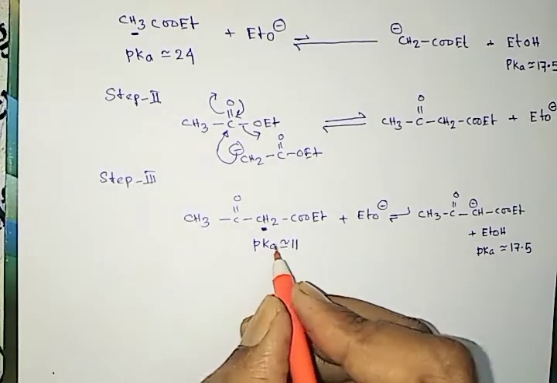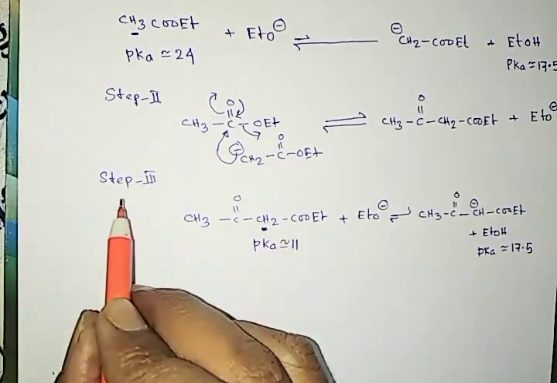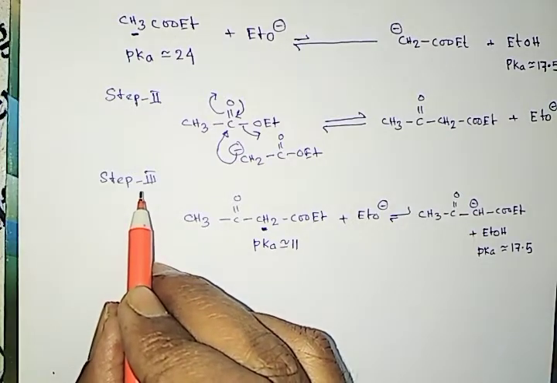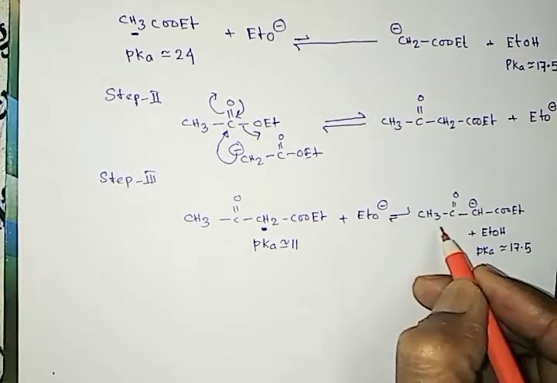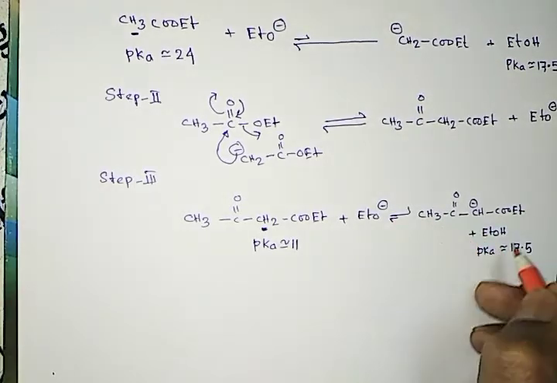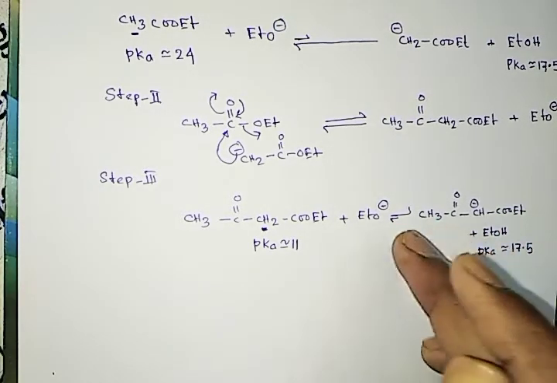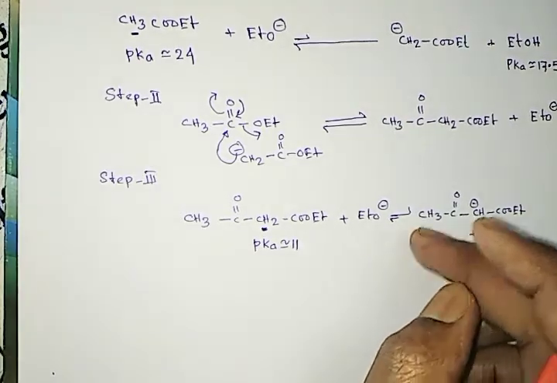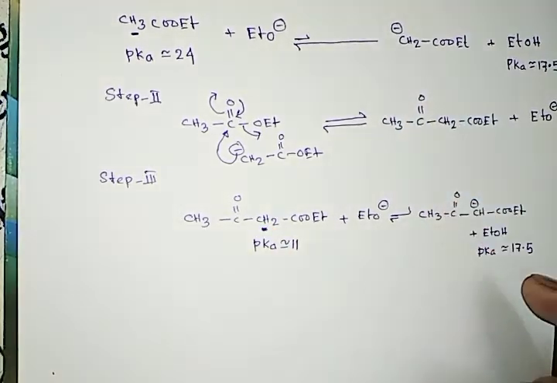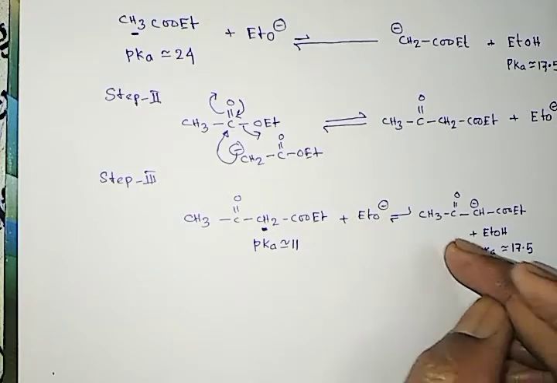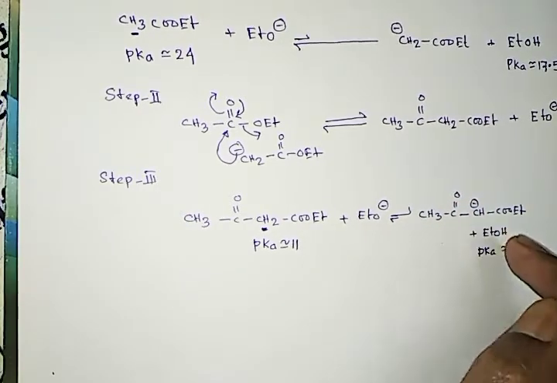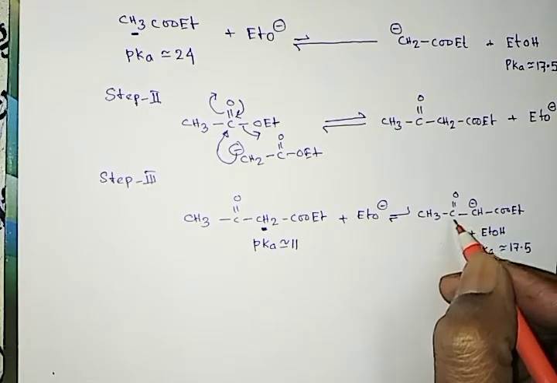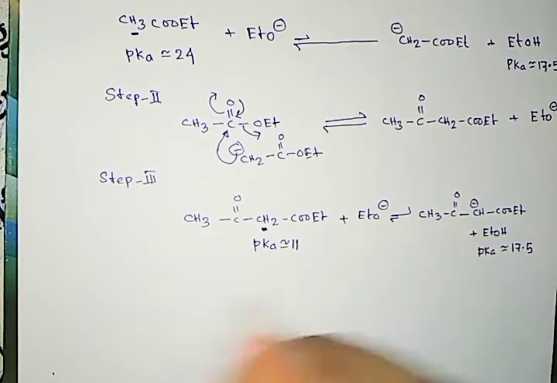Therefore, this reaction at step number 3 proceeds towards the right side, that means the equilibrium mostly remains on the product side, and this is the successful step of this reaction. Therefore, to make the reaction successful, salt formation is very important. This is the salt formation step.